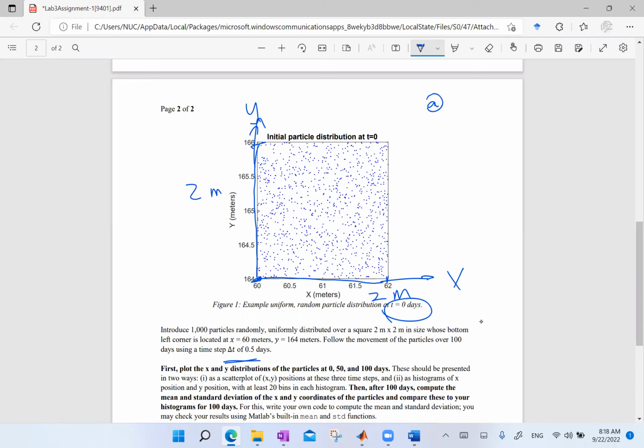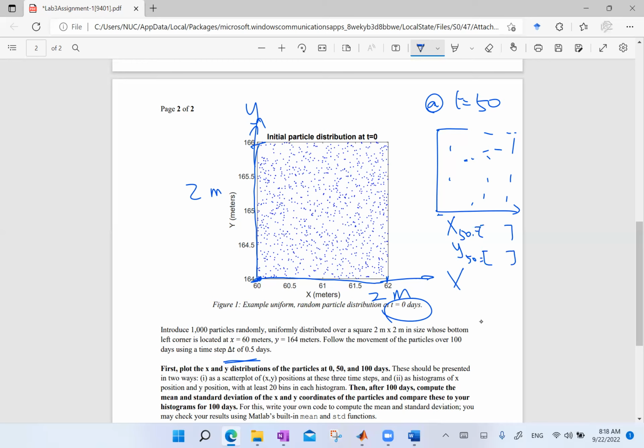Now at t equals 50, we're going to have the particles probably somewhere here. For all the particles, we can look at all their X coordinates, which gives X50, and all their Y coordinates, which gives Y50. Those are vectors that represent the X and Y coordinates of all those 1,000 particles.